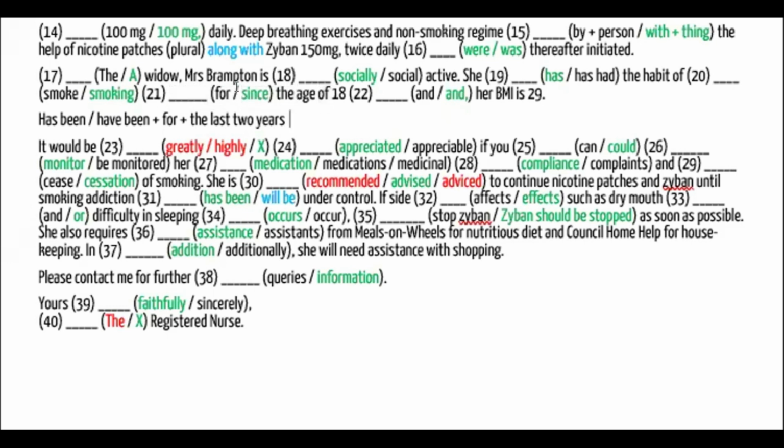Since the age of means since 2001 or 2000, since January. So since is always used with a starting point of time. For example, Mary, how long have you been studying with me? Last month I joined, sir. That means November 1, right? November 8, okay.